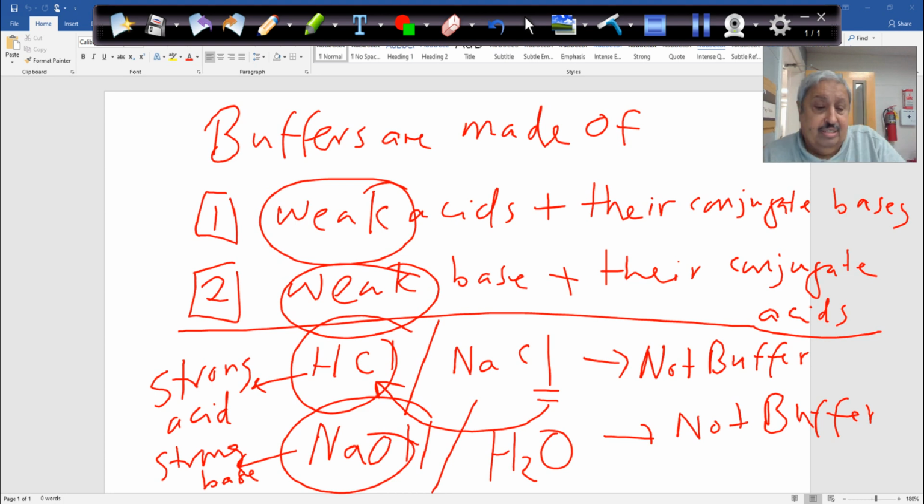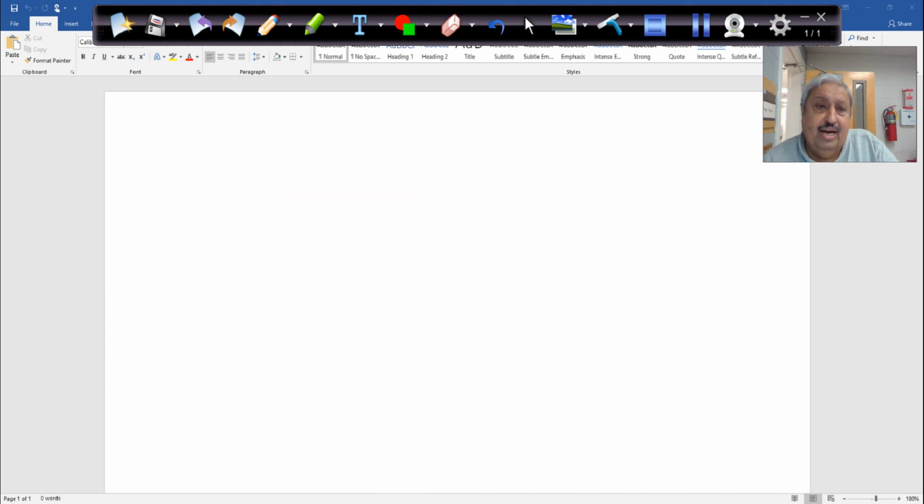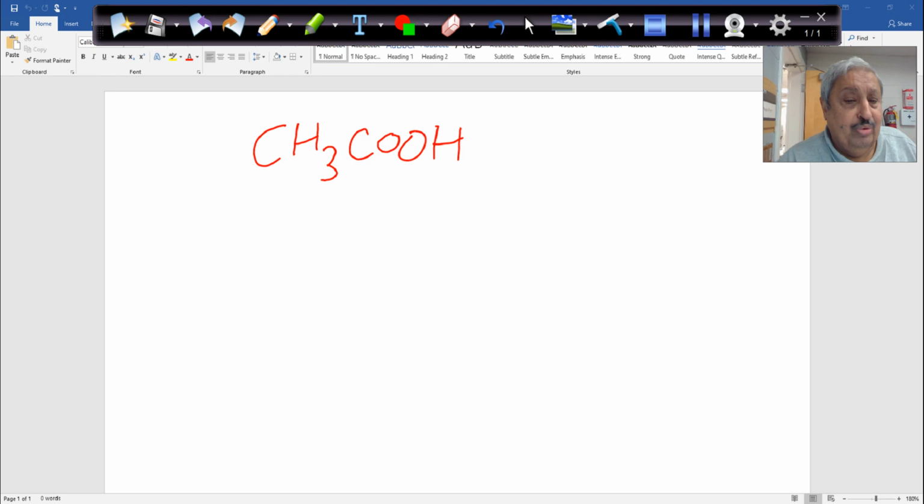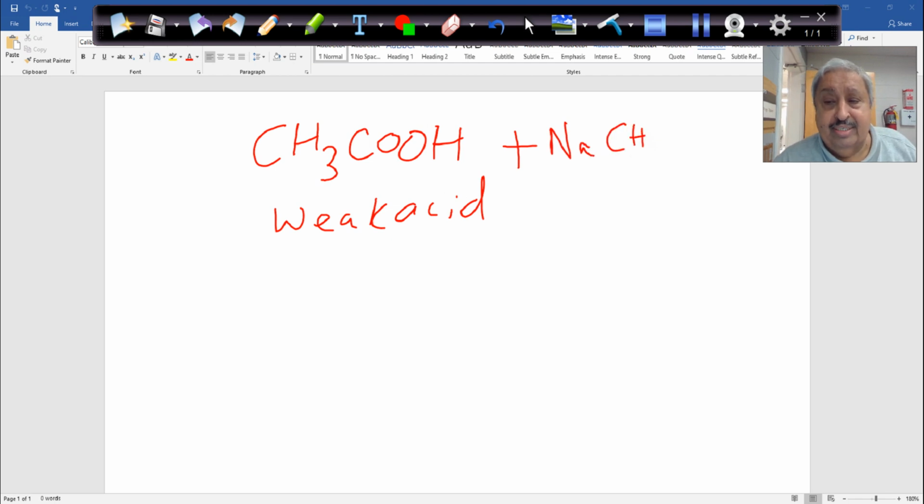So let's look at some examples of the weak acid, weak base, for example. Everybody has it? Okay, let's look at this. If I have something looking like acid, for example, acetic acid, we did this one, the titration. That's a weak acid. And I mix this one here with sodium acetate.